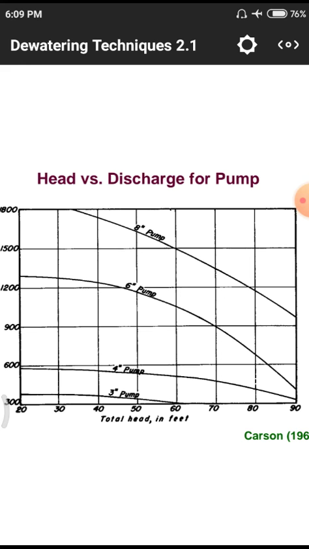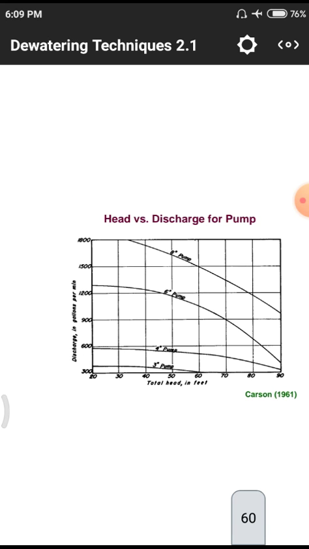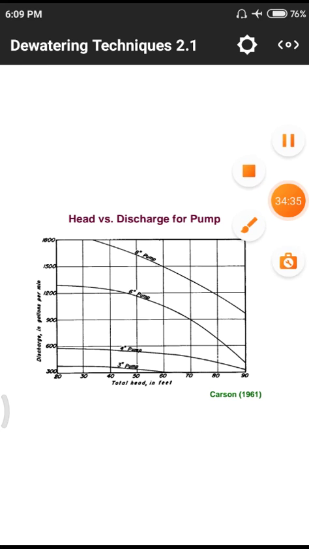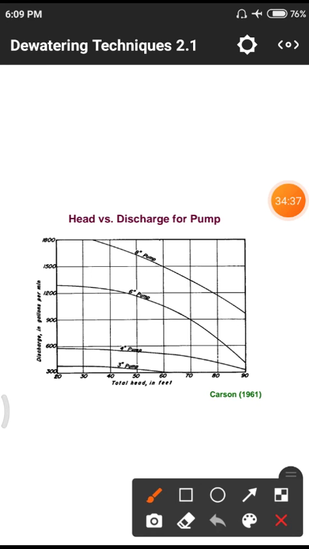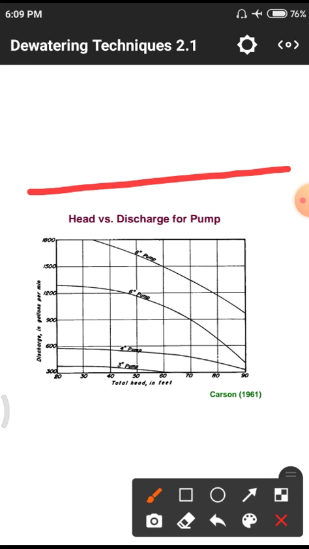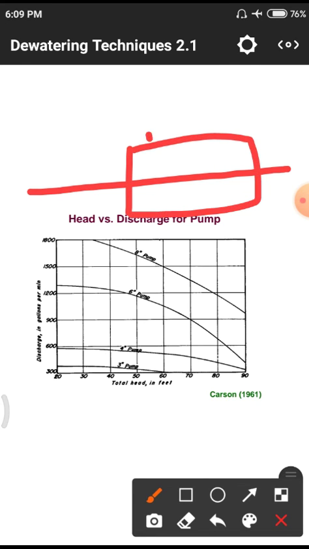This is the head versus discharge. Head means the head of a pump. All of you are aware of this in fluid mechanics: suction head and delivery head. This is the normal pump we have, used to deliver a particular quantity of water.